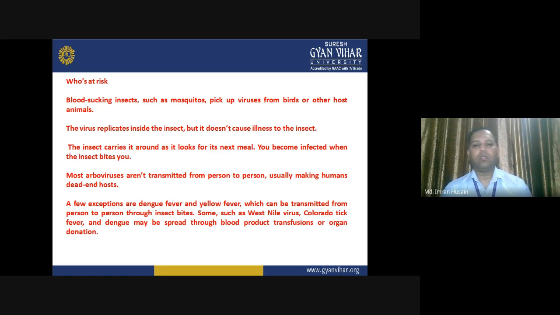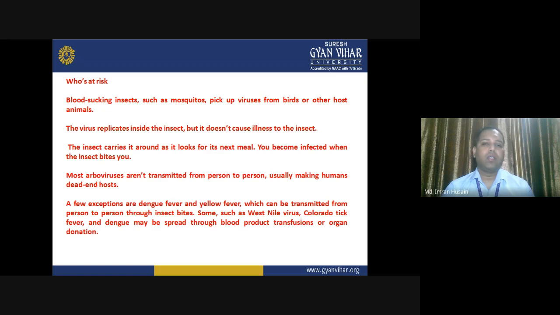The virus replicates inside the insect, but it does not cause illness to the insect. Mainly the virus is picked up from some other animal, and inside that very insect or mosquito, the virus replicates itself. Meanwhile, following this procedure, it does not cause any sort of illness in the vector, the mosquito or the insect.